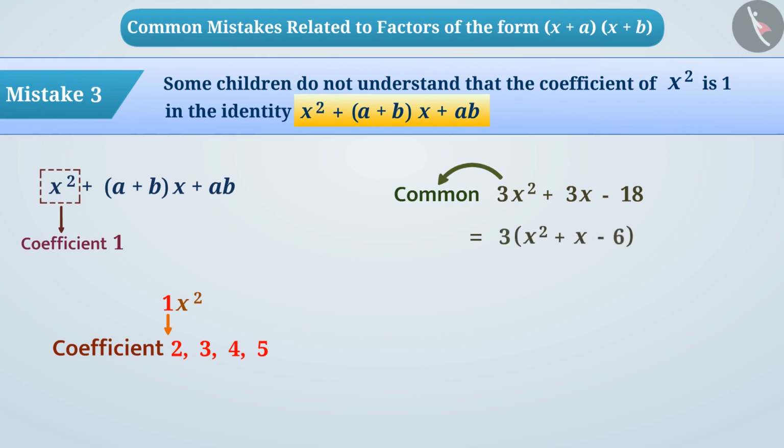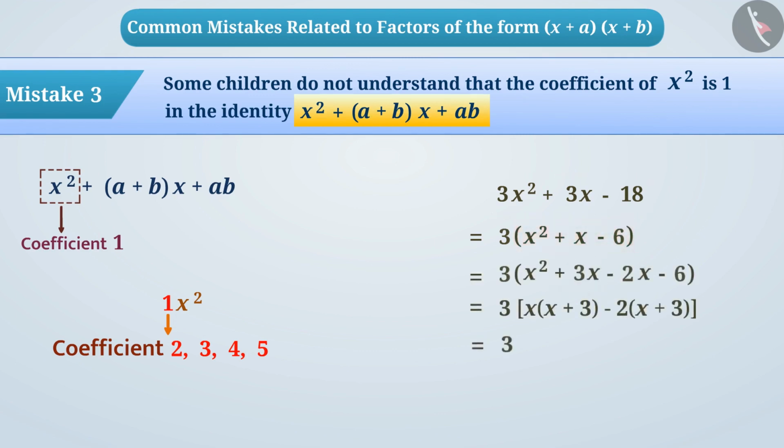Now we can factorize x² + x - 6. For this, we will find two numbers whose product is -6 and sum is 1. Those numbers are -2 and 3. That is, the factorization of the given expression is 3(x - 2)(x + 3).